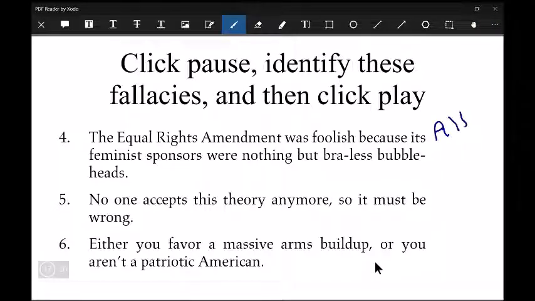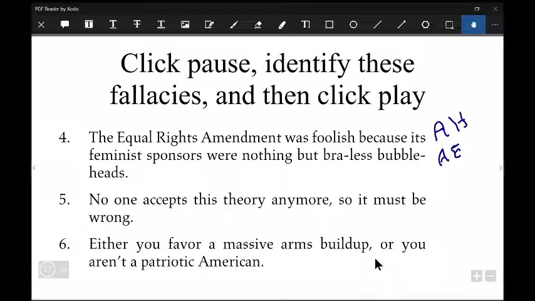You attack the people, and you conclude that their view is wrong. You attack them on grounds having nothing to do with their rational competence. Appeal to emotion. You're using rather insulting language instead of giving an argument.